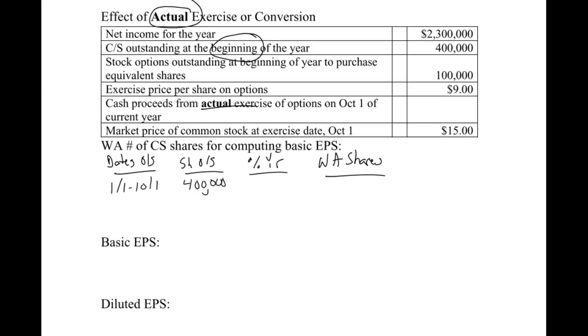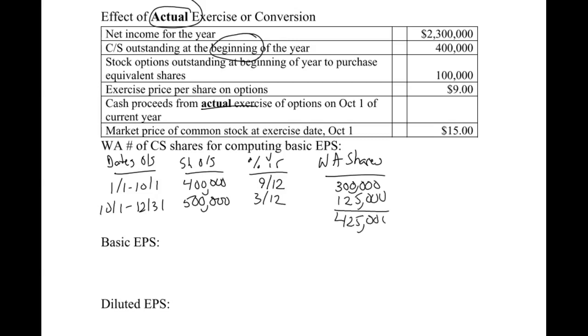That's 9/12 of the year, multiply across, that's 300,000 shares. From 10/1 to 12/31, we had an additional 100,000 shares, so we had 500,000 shares for 3/12, and that works out to be 125,000. That means my denominator is 425,000.